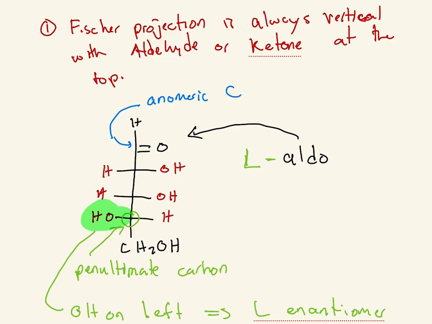How many carbons are in this chain? We have 1, 2, 3, 4, 5. So what would the prefix be? Pent. And the ending for a saccharide or carbohydrate would be ose, right? So this would be an L-aldopentose.